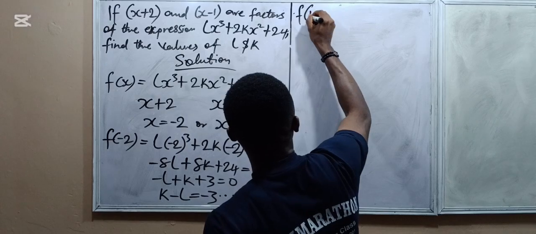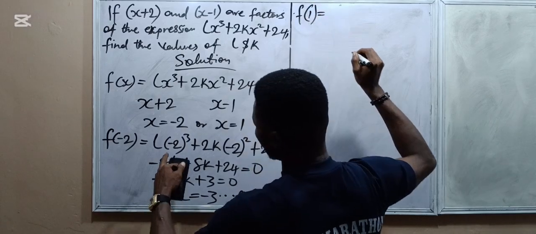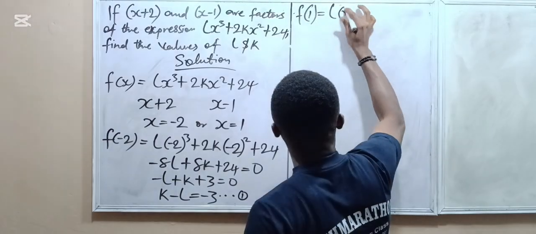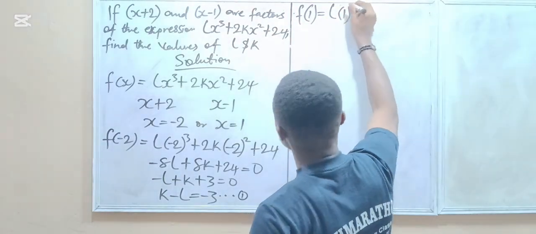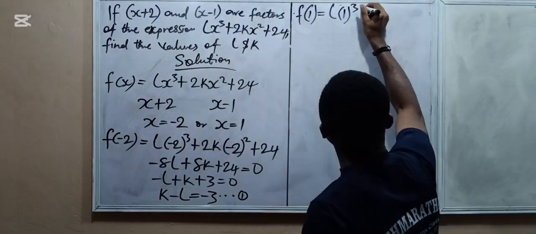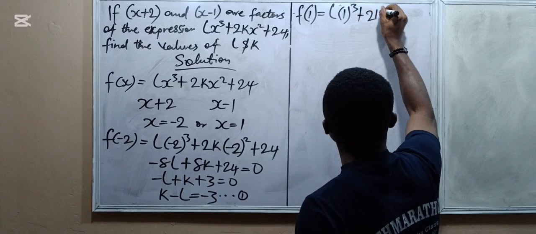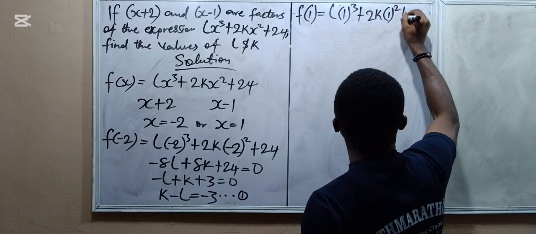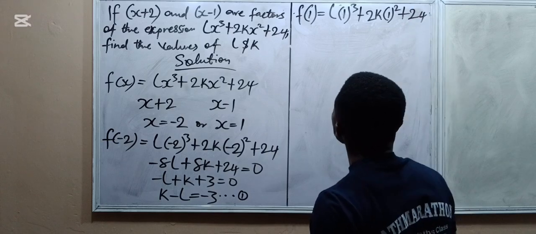So f of 1 is equal to L into 1 to the power 3 plus 2k into 1 to the power 2, then plus 24.